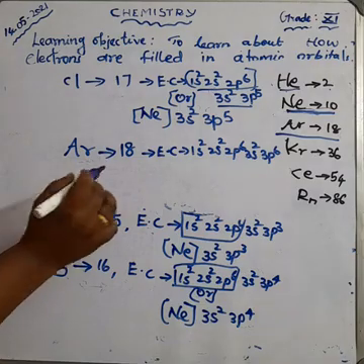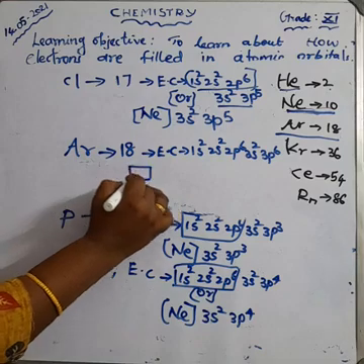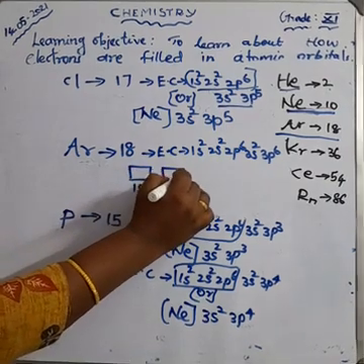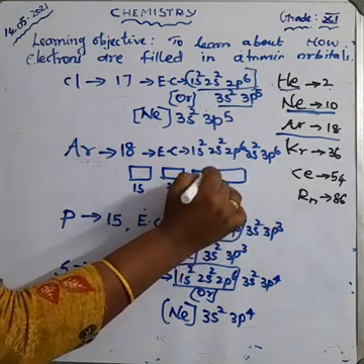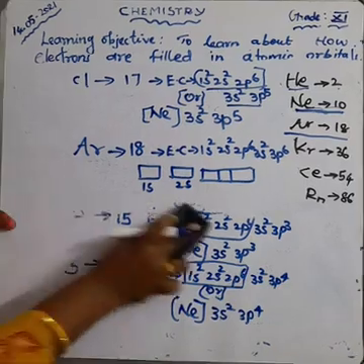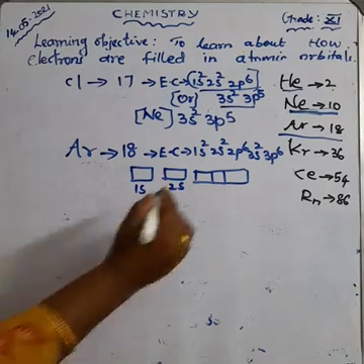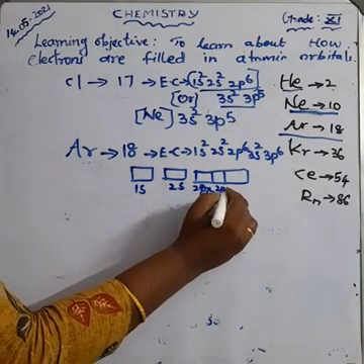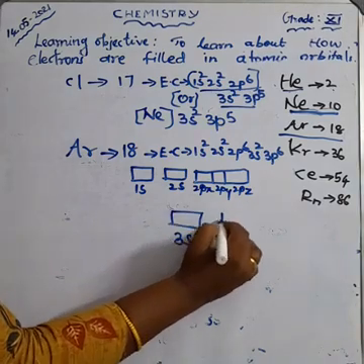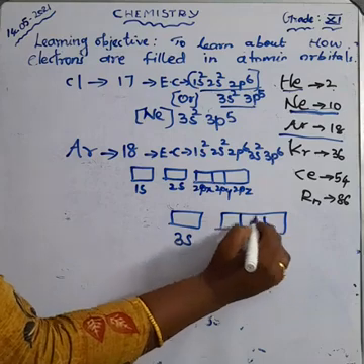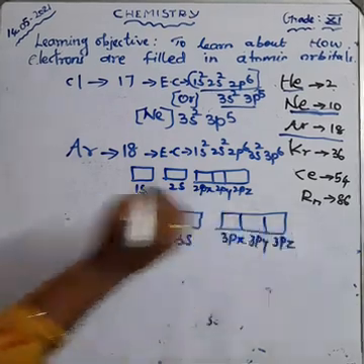Okay. How will you draw the atomic orbital diagram for argon? 1s orbital, 2s orbital, 2p orbital: 2px, 2py, 2pz, and then 3s orbital and 3p orbital: 3px, 3py, 3pz.